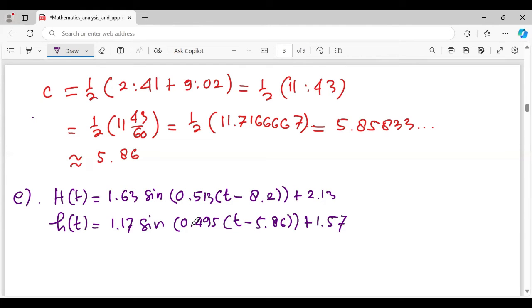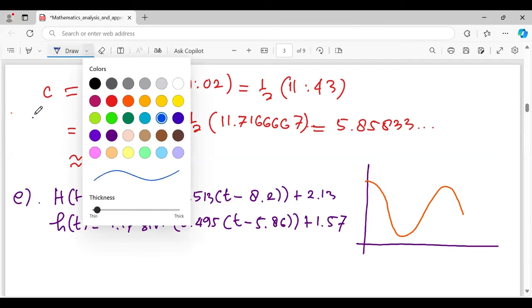We calculated that recently, and I have created the graph of the first function and the second function, like this. It's important for us to determine t. The Sulskerry graph is like this, while the Rockall graph is like this.